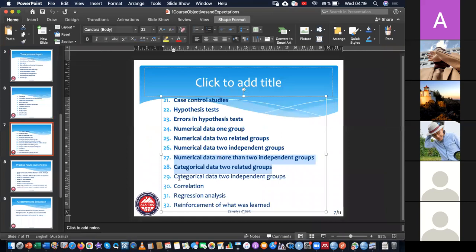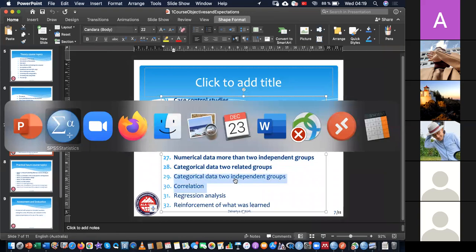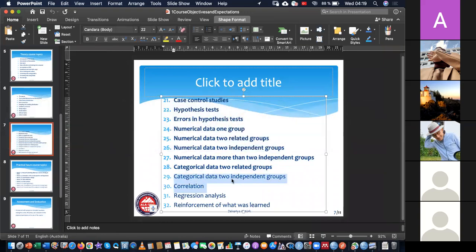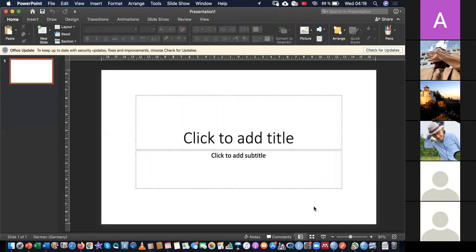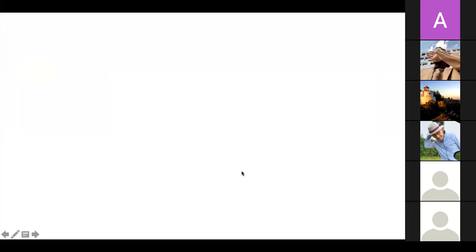Today, I'm going to explain to you categorical data in independent groups. Which test is that? This is the most commonly used.